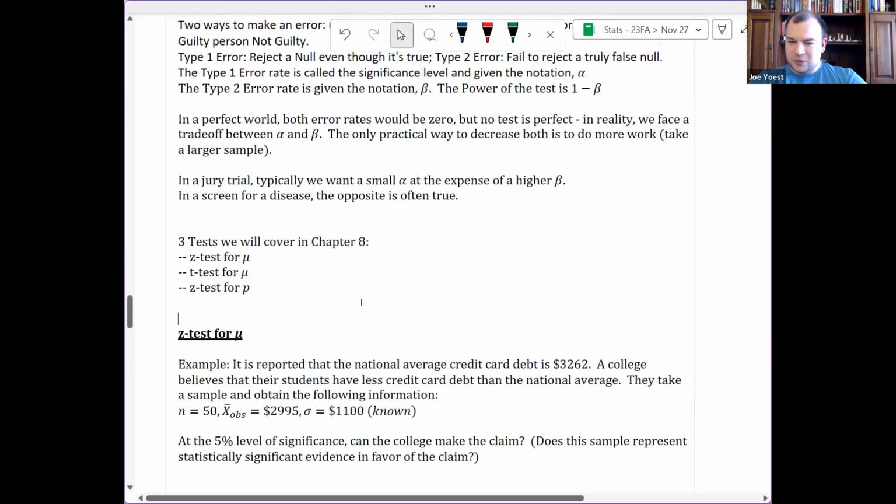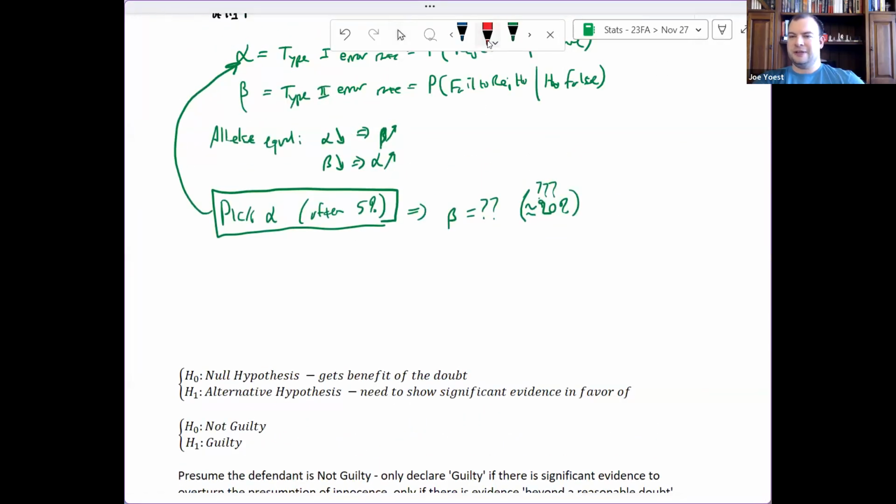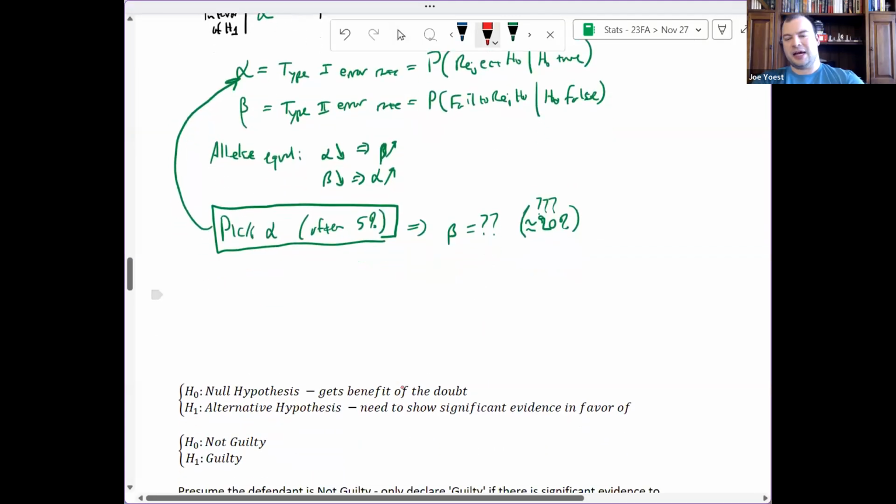Okay, there's one more thing that I do want to say, which I just realized I didn't say. It's going to make a little bit more sense after we go through the first couple of problems. But we want H0 and H1 to have 2 different characteristics.